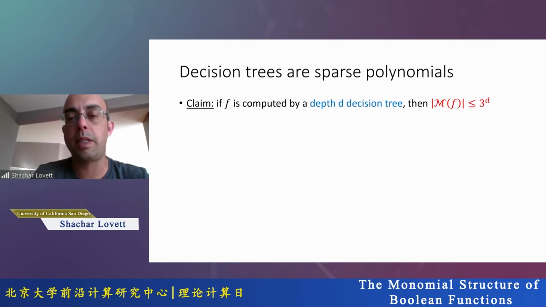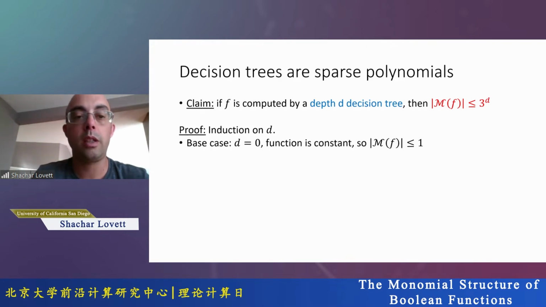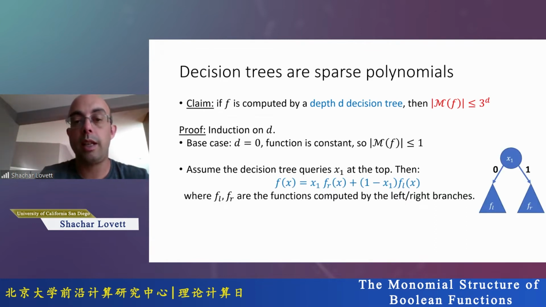And the proof is going to be basically by induction on d. So if the depth is 0, meaning you query nothing, then the function is a constant. So you either output all 0 or all 1. So it has at most one monomial, right? Inductively, let's say you query, for example, x1 at the top. Then you go left if you got 0, or you go right if you got 1.